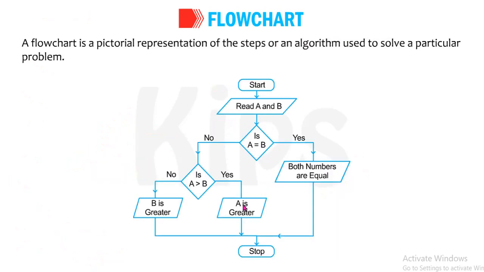We are briefing the symbols. The first one is start or stop box. Next one is input. This is the input, this is the output. We use the same symbol for input and output. And next one is processing box. Where is the processing box? It is not here. In this flowchart there is no processing.